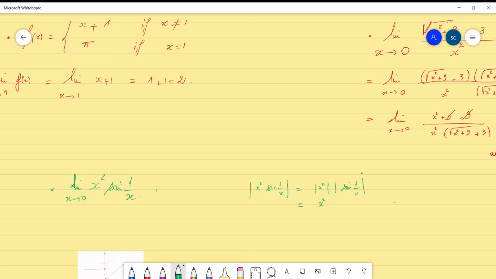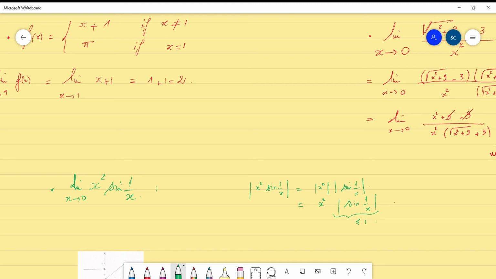And here, sine is changing sign, it can change, but I know something. I know that the absolute value of sine of an angle is always less than or equal to 1. So this quantity is less than 1.